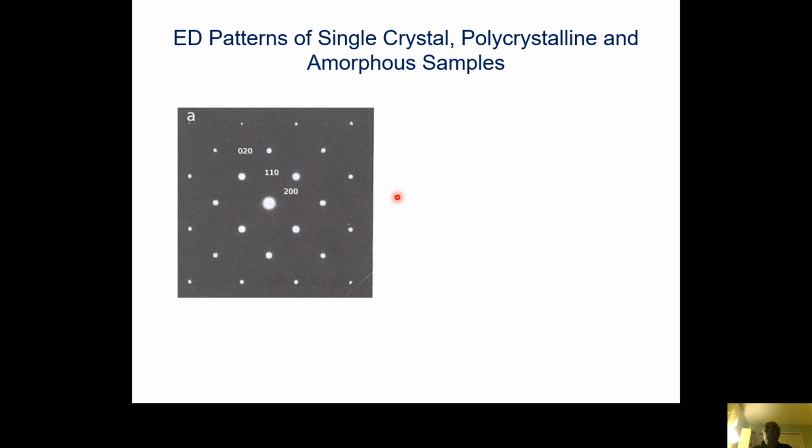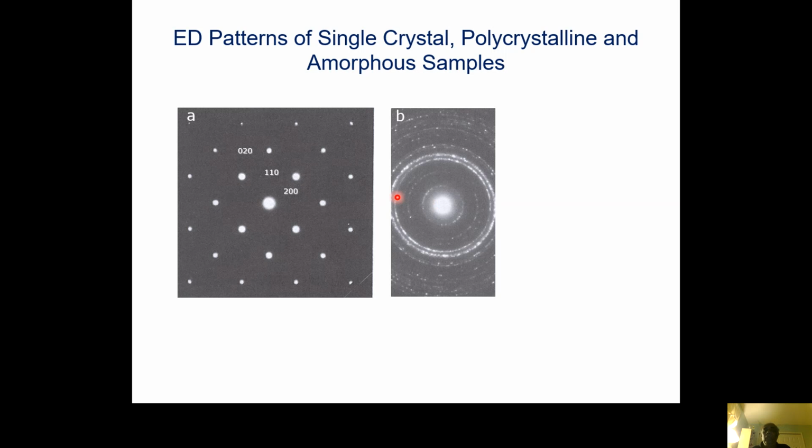But if you have a polycrystalline sample, it's more like the Debye technique. Remember, you get one cone, so you get this circle, right?